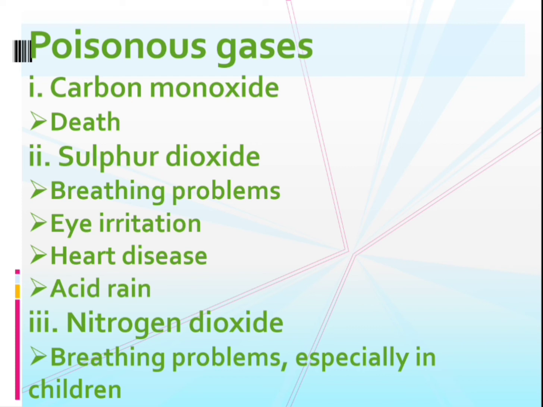So it might be from factory smoke, or from automobiles, or from thermal power plants. This nitrogen dioxide causes breathing problems especially for children. So in these different ways the air pollution affects us.